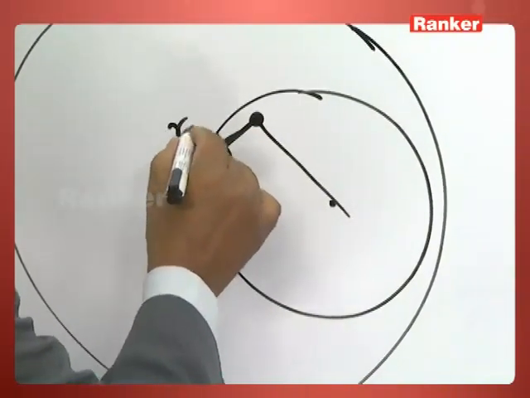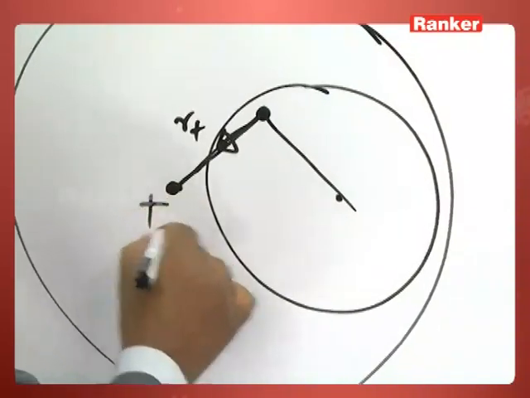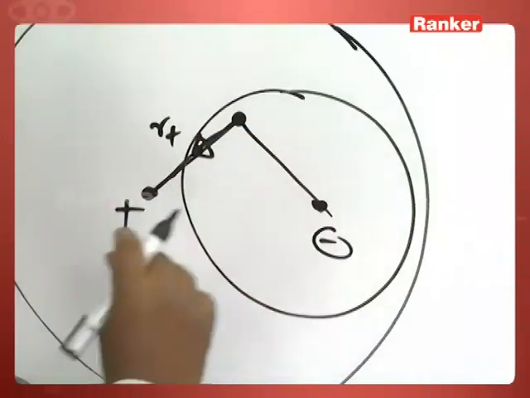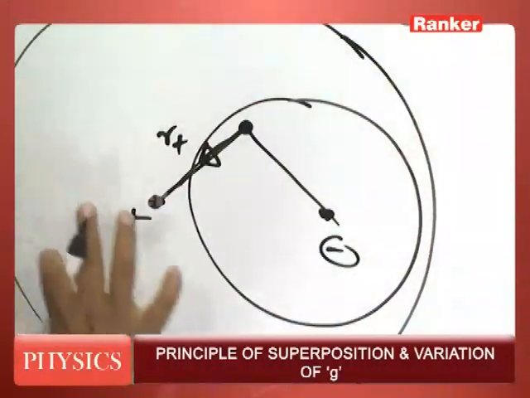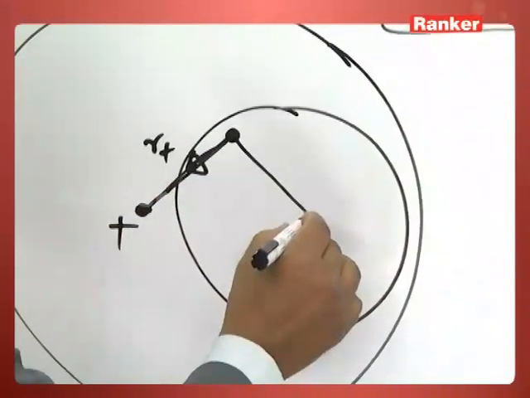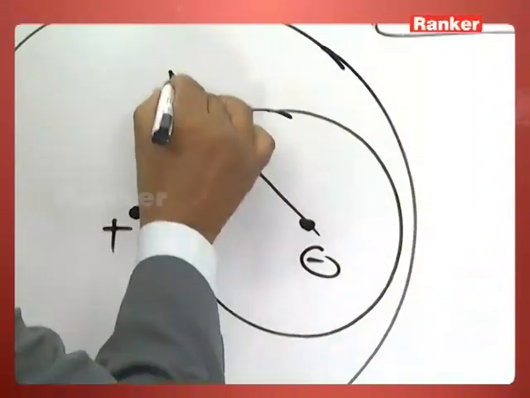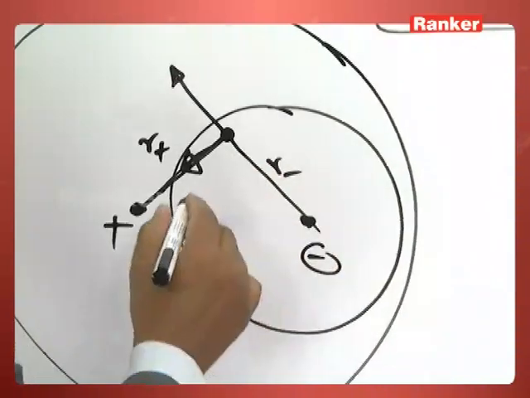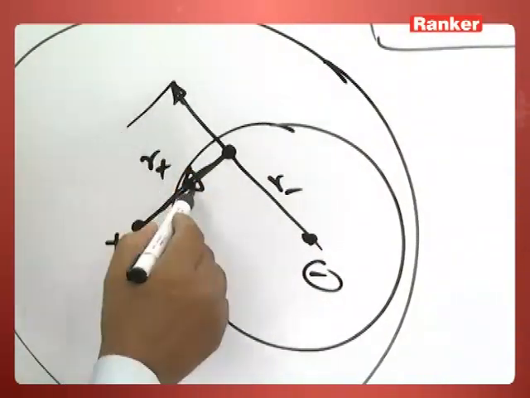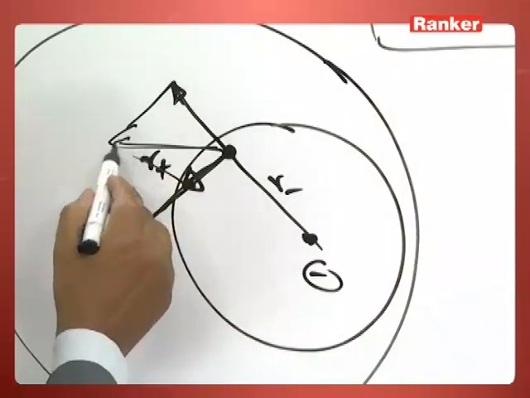Suppose this distance is r plus. This whole sphere is positive mass and this much is negative mass, so this region is the cavity region. So this will repel in this direction. This is r minus. So the net field is the sum of these two fields, which we have to calculate.